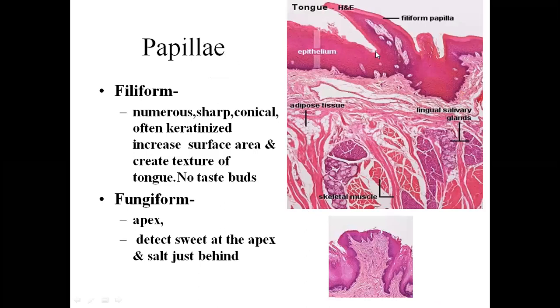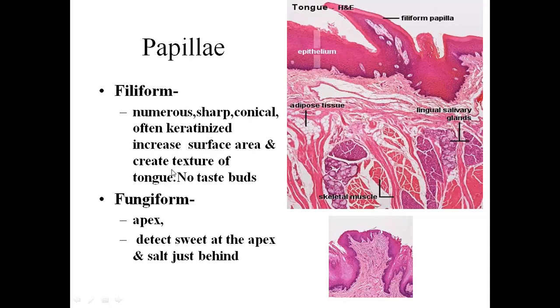The first papillae, which are most predominant on the surface of the tongue, are the filiform papillae. They are numerous, and under the microscope they look sharp and conical. Often they are keratinized. You have to remember filiform papillae are sharp, cone-like structures covered with stratified squamous keratinized epithelium.